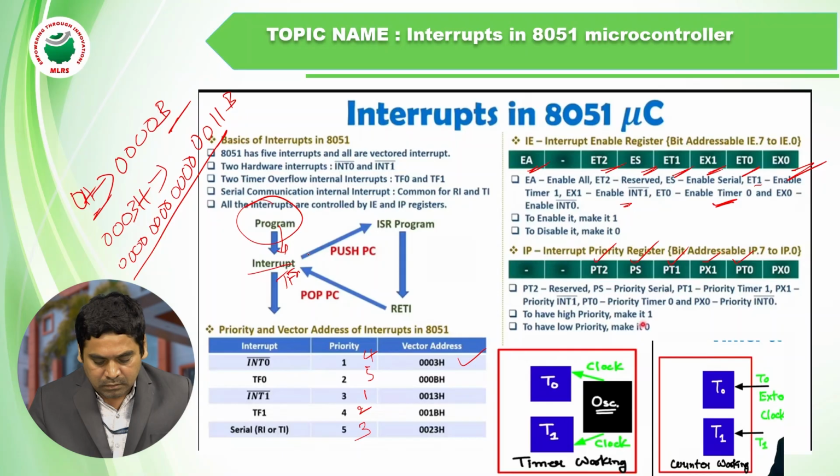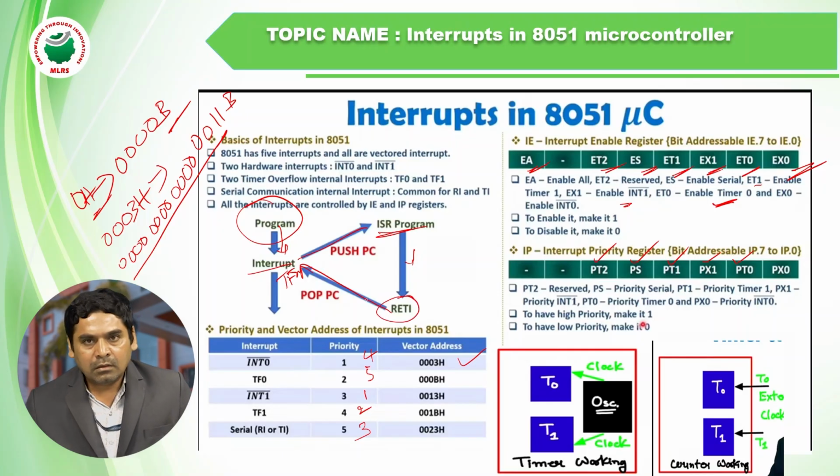It goes to the ISR address, the predefined interrupt subroutine, at the TF0 address 000BH. It continues to execute this subprogram, then goes back to the main program with the RETI instruction and continues the main program.